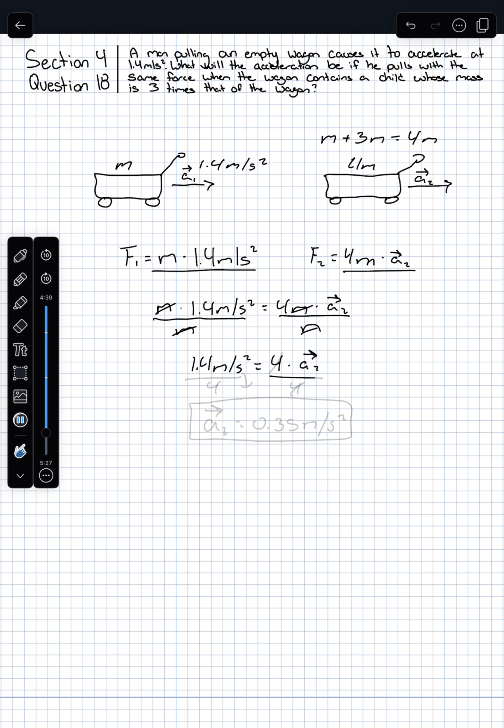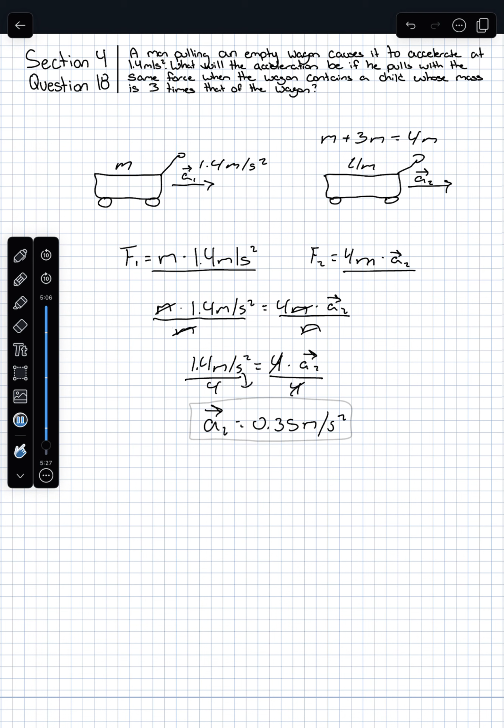And now what we do here is we just divide both sides by 4. And so when we divide both sides by 4, these 4's cancel out. Then we're left with the second acceleration equals 0.35 meters per second squared.